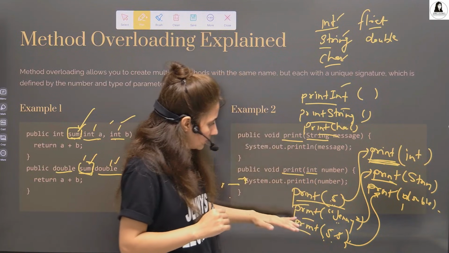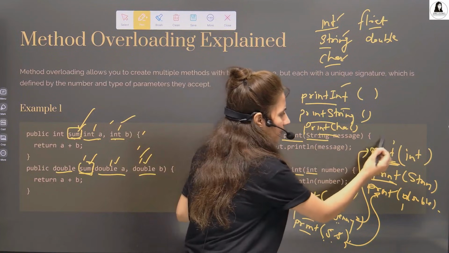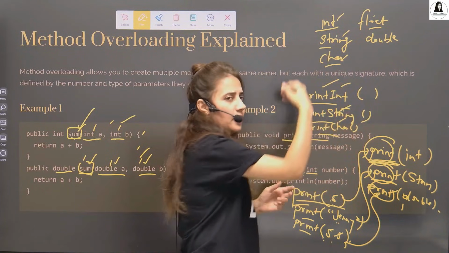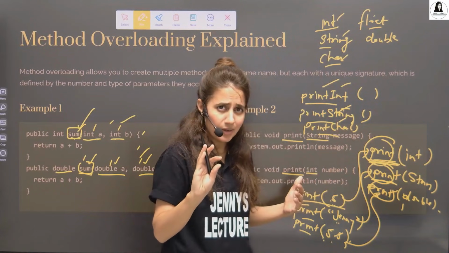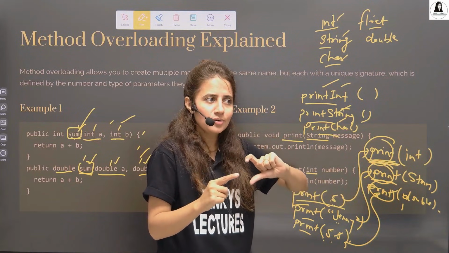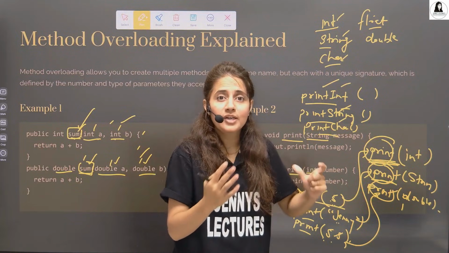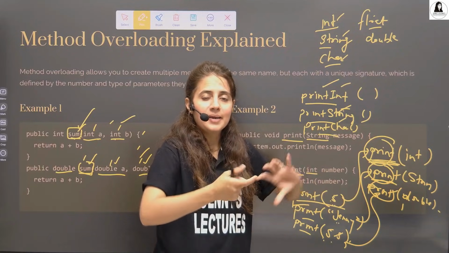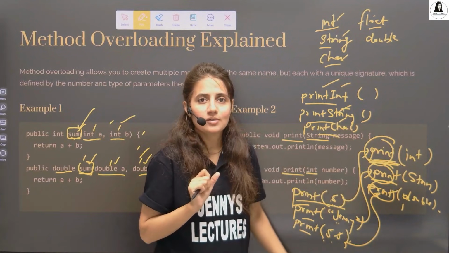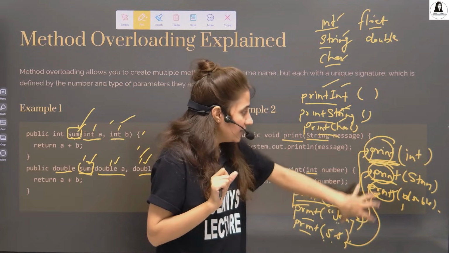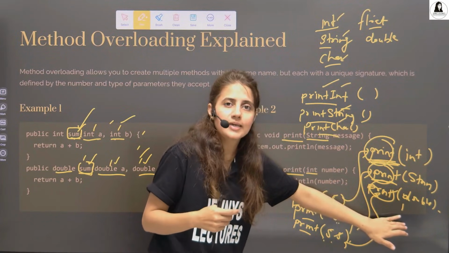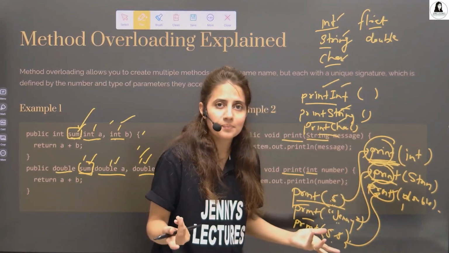So now here, it's I guess more readable: print, rather than print int, print string, print char, like this. I guess you agree with me. This is more readable. It is going to make your code more readable, more maintainable, because it gives us a consistent naming convention, and it gives us the flexibility of working with different types of data with the same name.